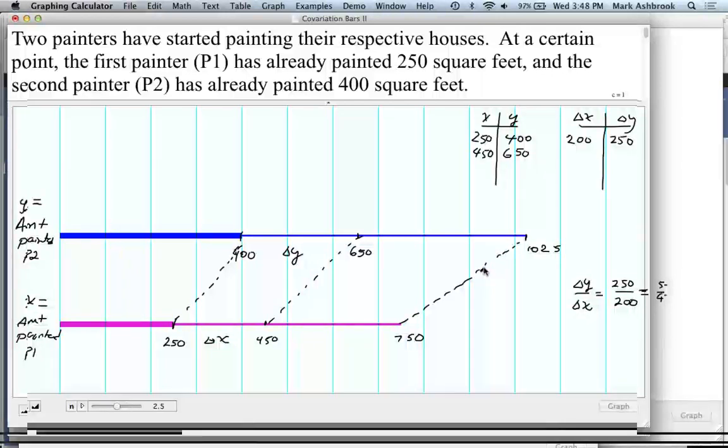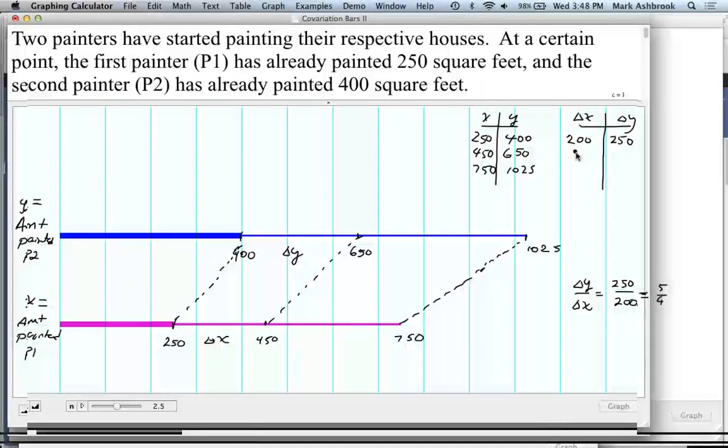Best dotted line I've drawn all day. Okay, and then computed the change from 450 to 750 compared to the change in 650 to 1025. Tell me what those were. I think it was the same thing. It was the same thing as 5 over 4. Okay, well let's actually do it.